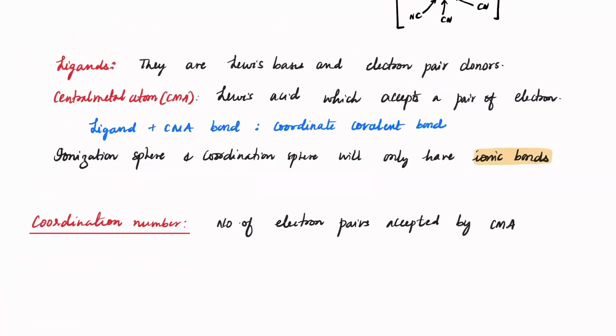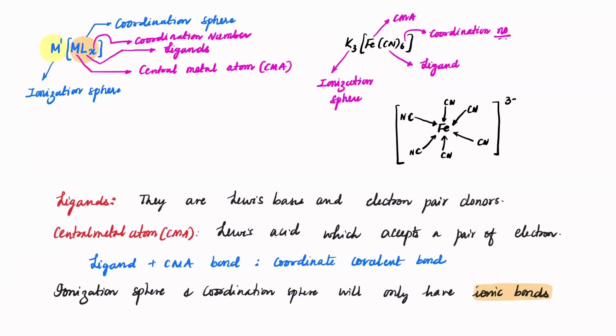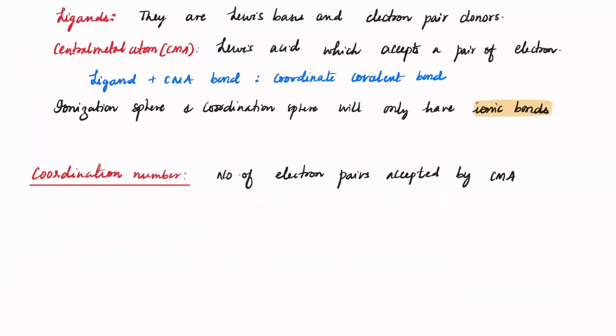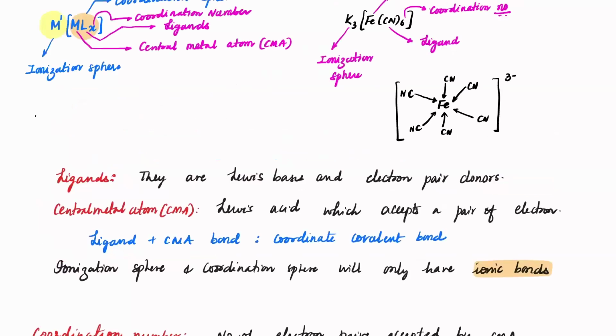Suppose I give you this question: what are the different types of bonds present in a complex like K3[Fe(CN)6]? How many different types of bonds are present?